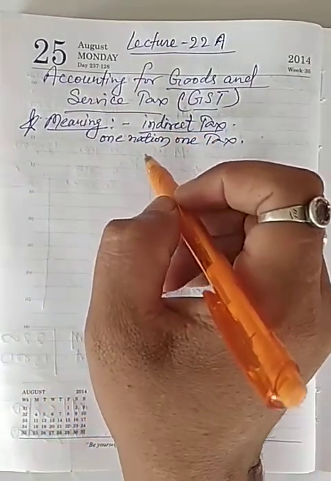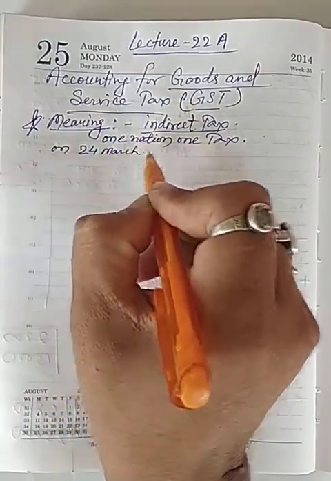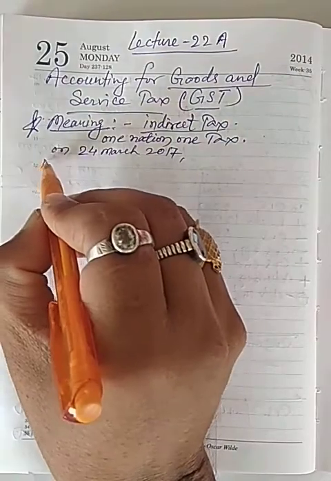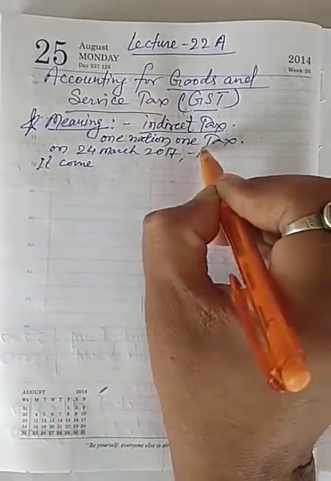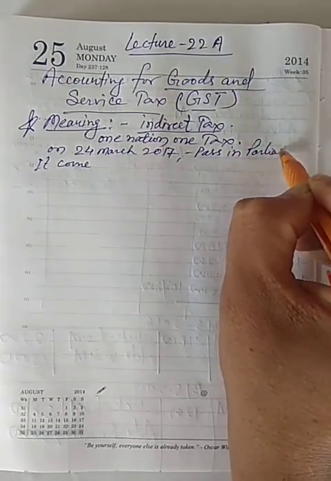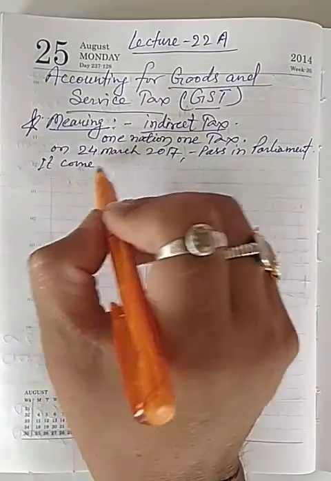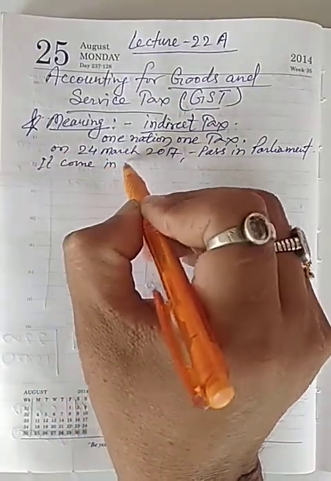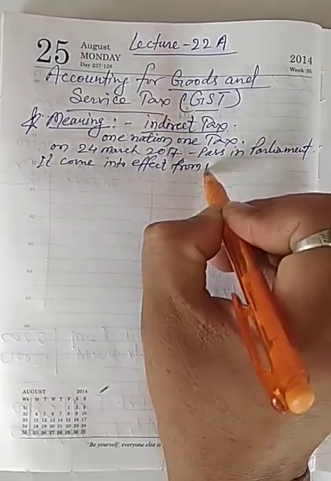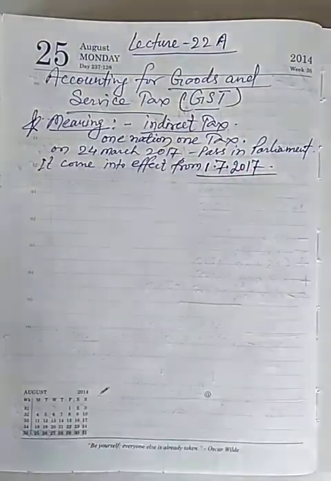The GST Act was passed in Parliament on 24th March 2017 and it came into effect from 1st July 2017.